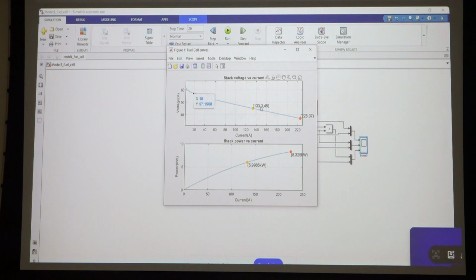because this is open loop. We are connecting the load across the fuel cell in an open loop manner. There is no closed loop control. That is why, at that point, if you divide these two values, the resistance is definitely very low.